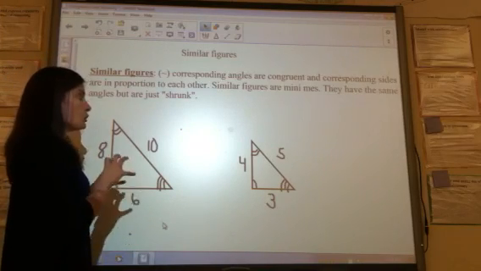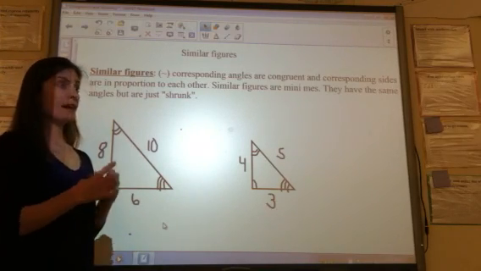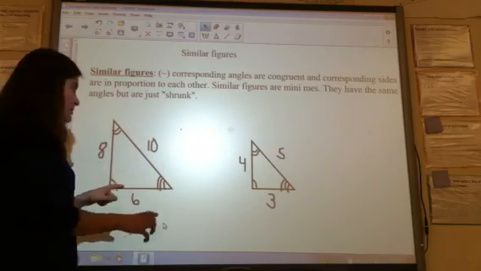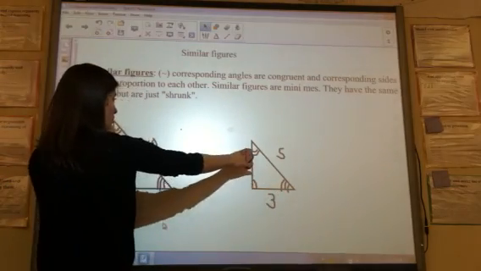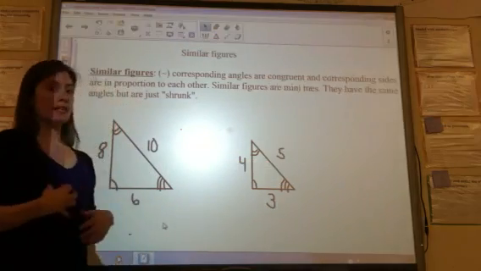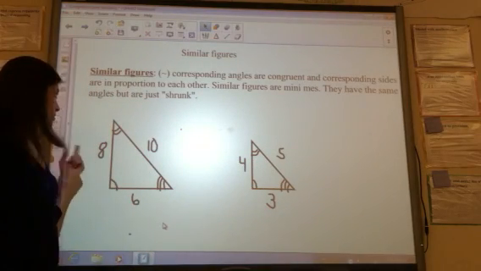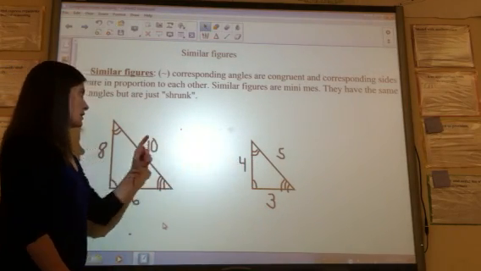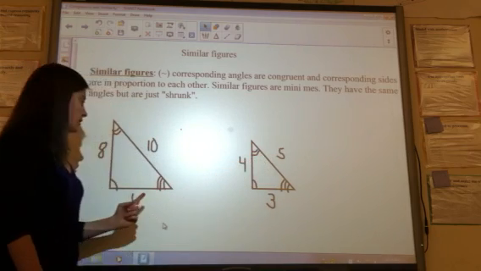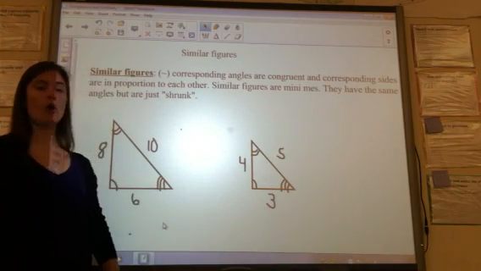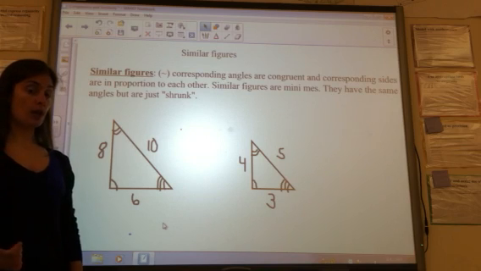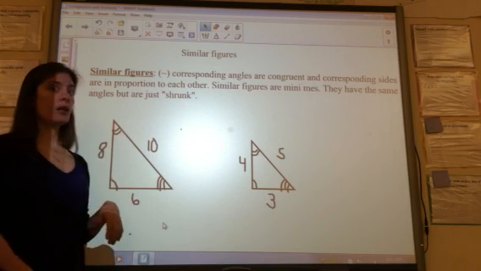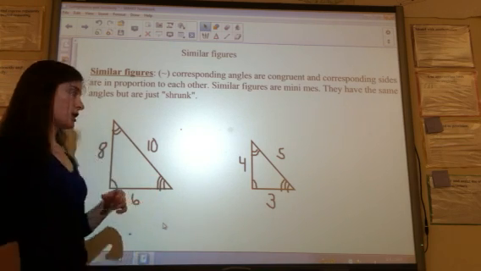Again, what you'll notice about these similar shapes is that they're like the congruent shapes in the fact that the corresponding angles are equal to each other. The difference here is the sides are in proportion. So 8 over 4 equals 10 over 5 equals 6 over 3. So the corresponding sides are going to be in proportion to each other as opposed to equal to each other, like when we were talking about congruent shapes.